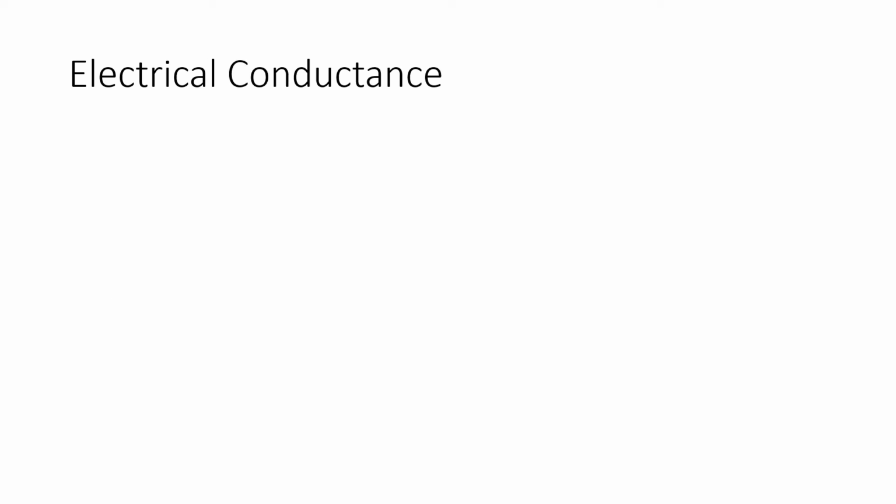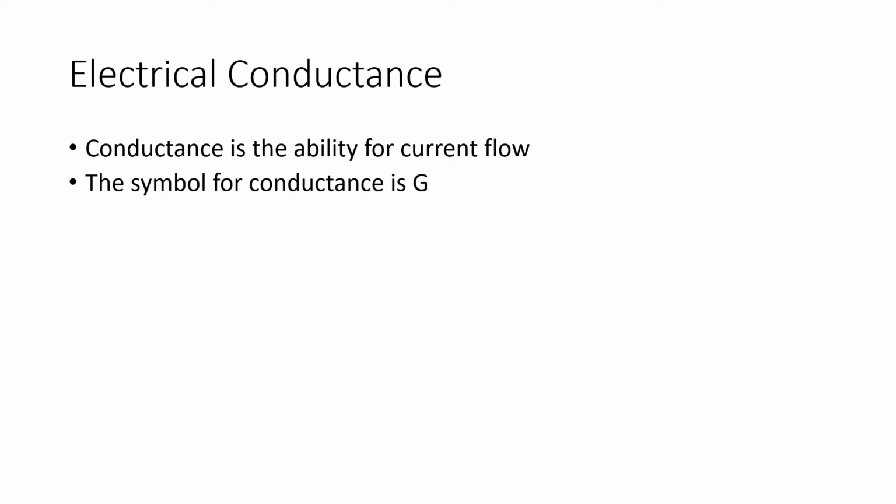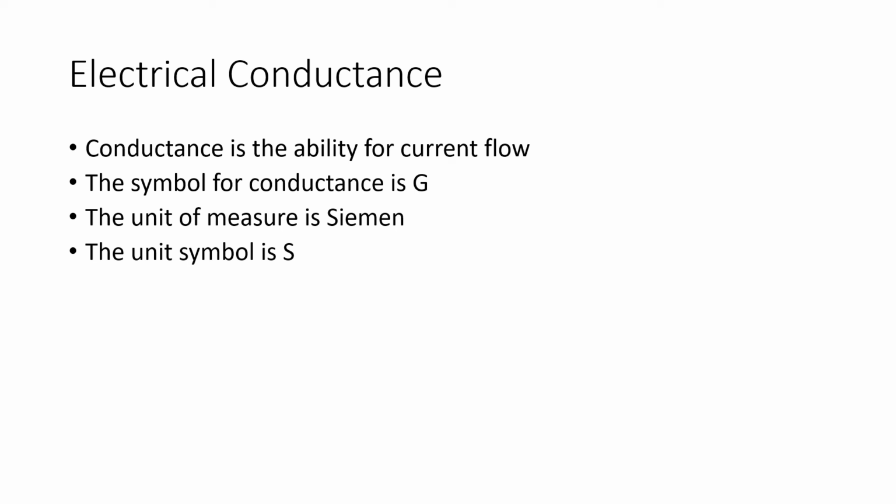And the last quantity to define is electrical conductance. Conductance is the ability for current to flow. The symbol for conductance is the capital letter G. The unit of measure is the Siemen, and the unit symbol is the capital letter S. Remember, lowercase s is reserved as the unit symbol for the second.